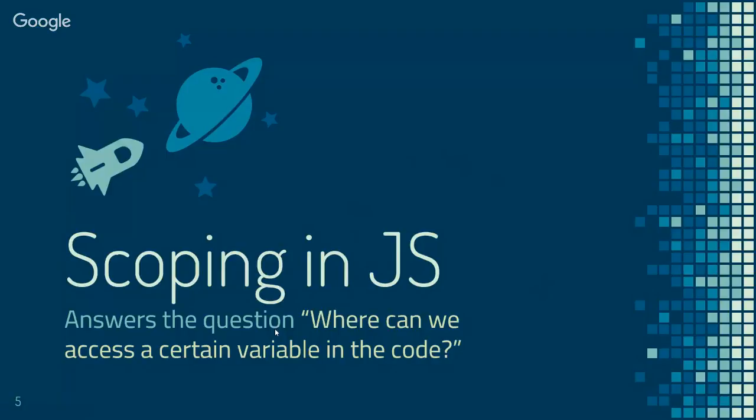So knowing the concept of scope, we can determine where in our code we can access a certain variable. And as objects, arrays, functions, and pretty much every data type can be stored in a variable, we can derive that pretty much everything is impacted by scope. So I hope that by now you're familiar with why scope is so important.